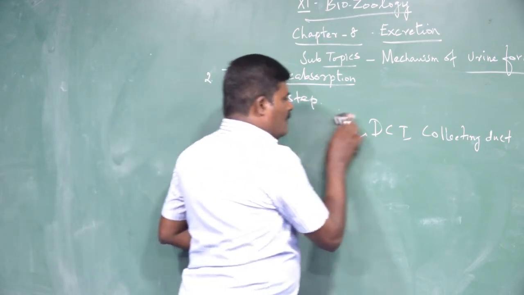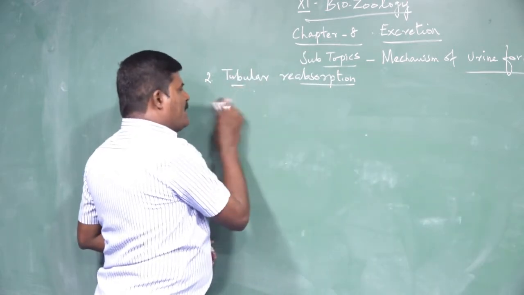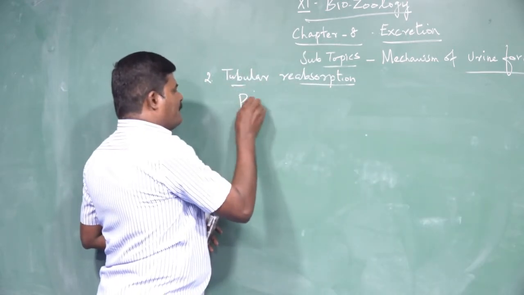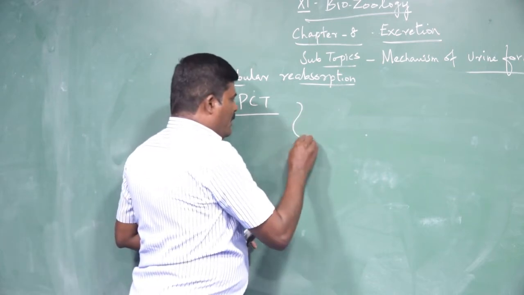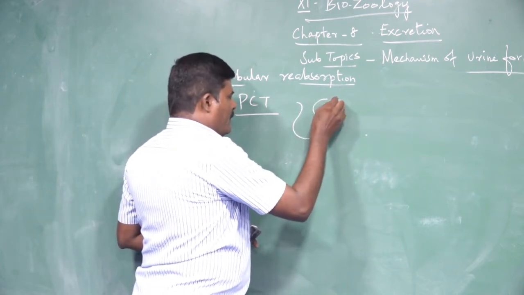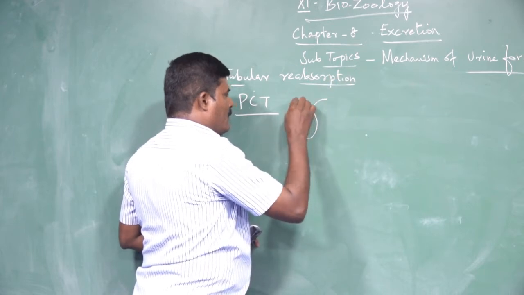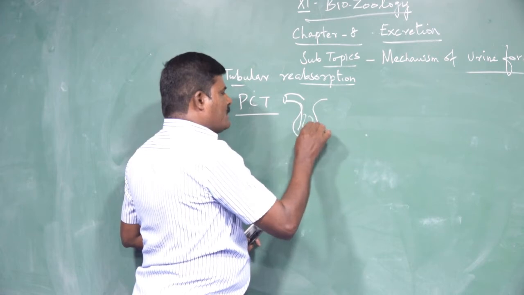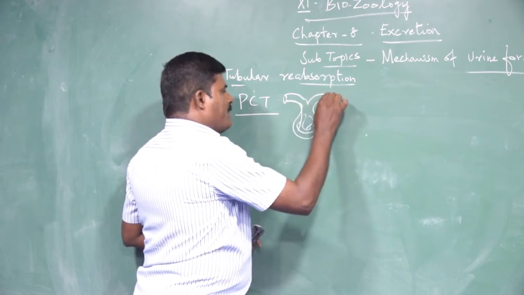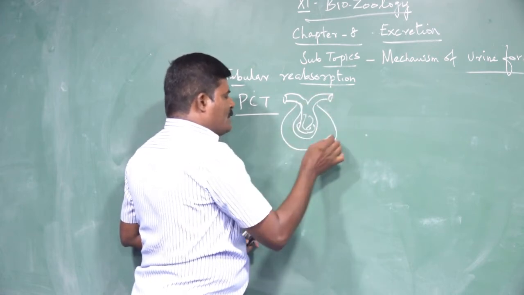Listen here, this takes place first in the PCT, the proximal convoluted tubule. You already know this diagram. This is the afferent arteriole, next the efferent arteriole, and this is the Bowman's capsule.